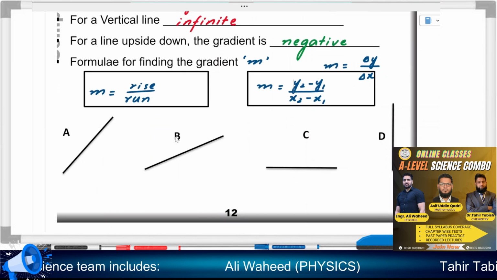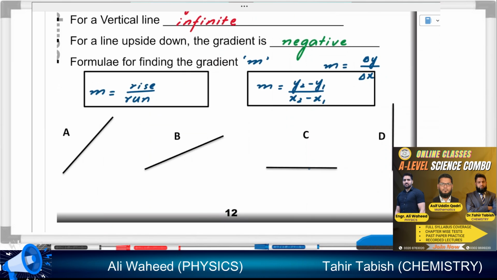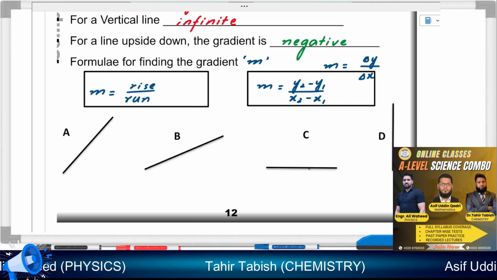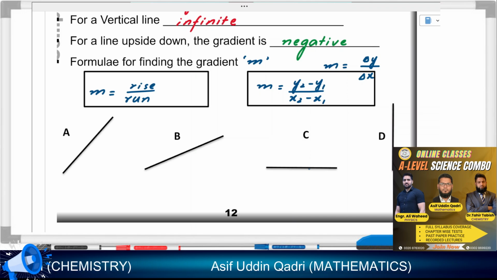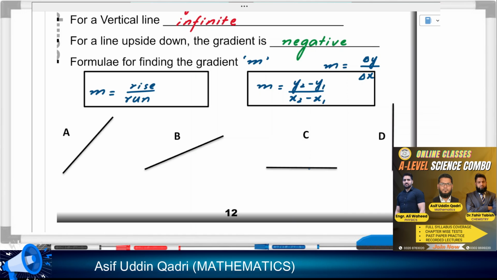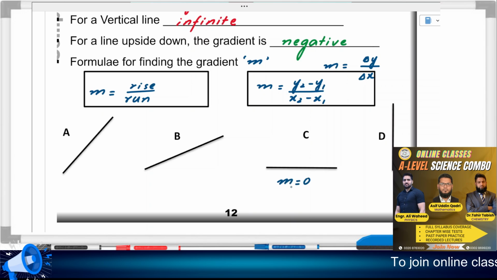Let us compare the gradient of these 4 lines. Which one of these 4 lines has no gradient, 0 gradient? C. Okay, for C, I'm going to write gradient equals 0. Which one has infinite gradient?